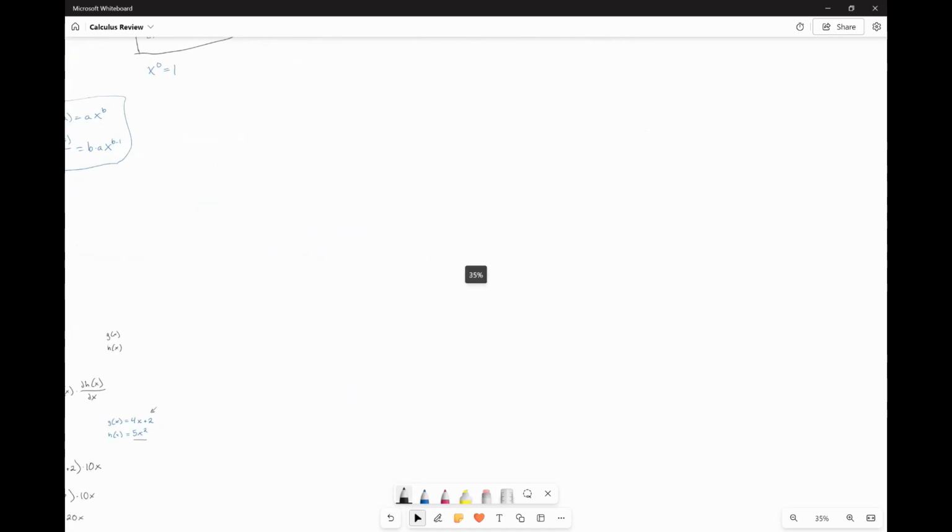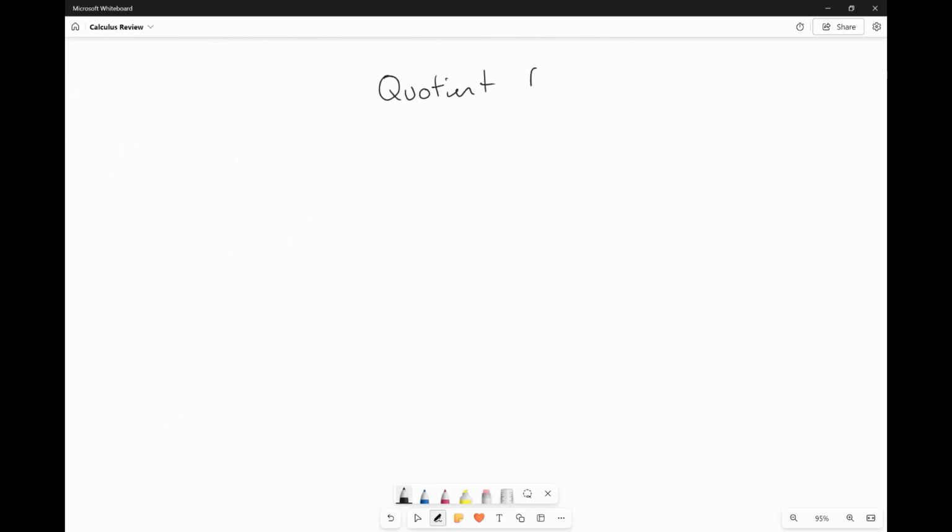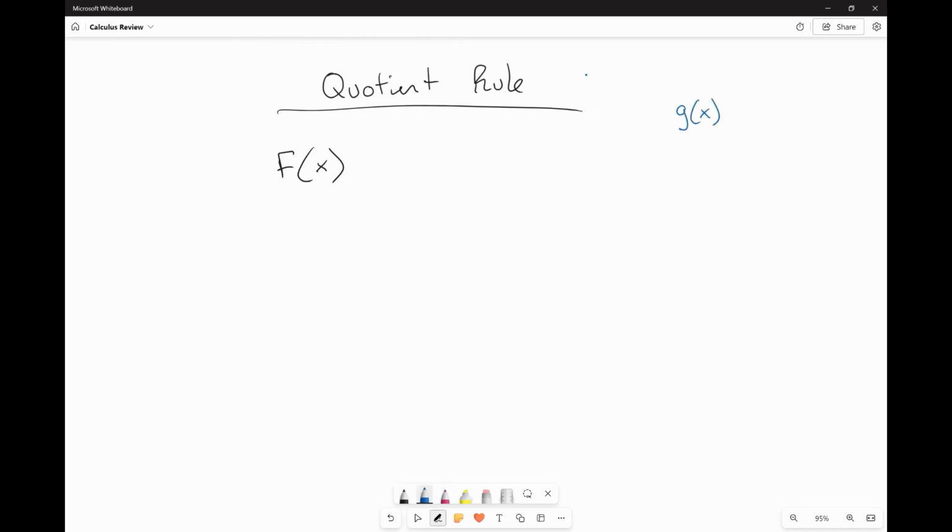All right, the next rule that I want to look at is called the quotient rule. All right, quotient rule is going to be a very similar structure. We have some function f of x, and it has two subfunctions, g of x and h of x, just like before.